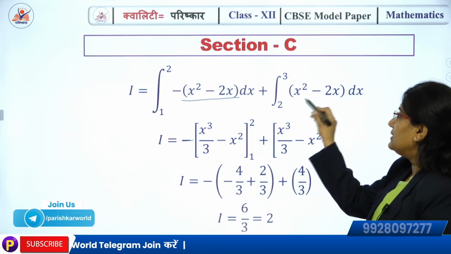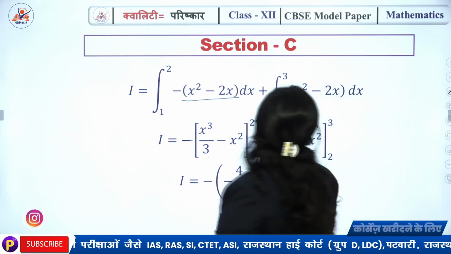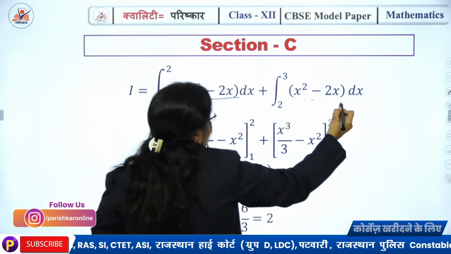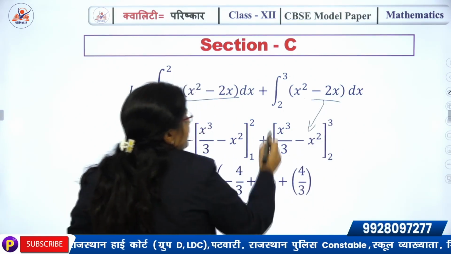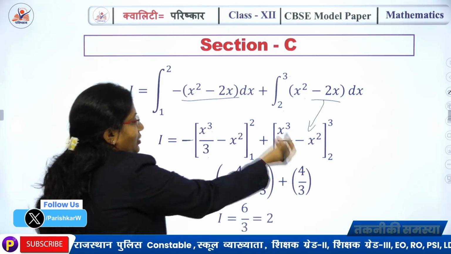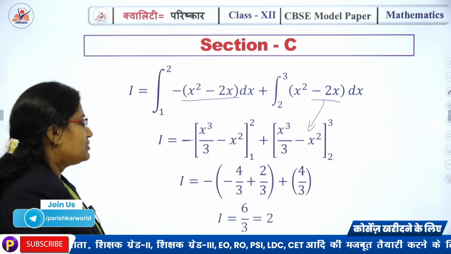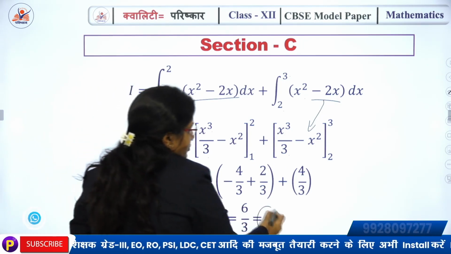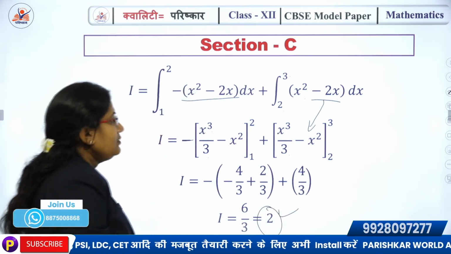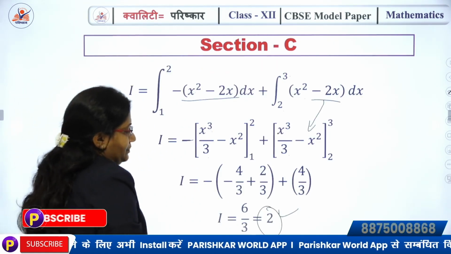Again, we'll integrate this also: integration of x square is x cube upon 3, and integration of minus 2x is minus x square between the limits 2 to 3. After putting both upper and lower limits in this fraction, we have the value of I as 6 upon 3, which is equal to 2. That means the solution of this integration is 2.